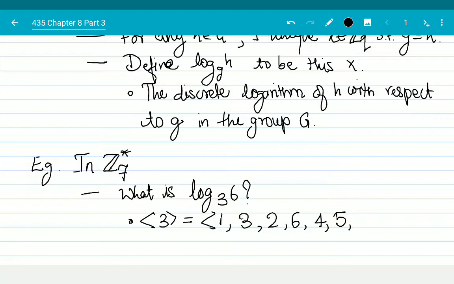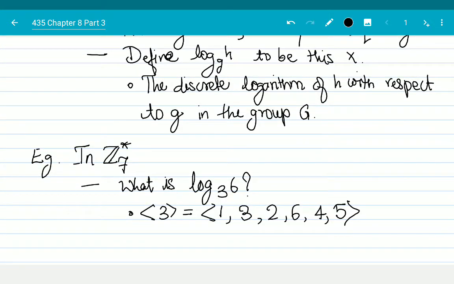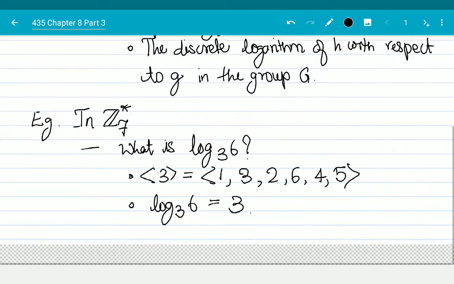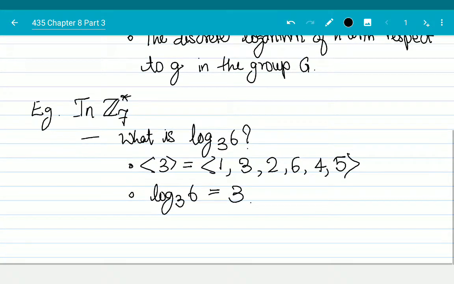Five threes are 15, which is 1. And we have the entire group 1, 2, 3, 4, 5, 6. Therefore, this says that log to the base 3 of 6 in this group is equal to 3.